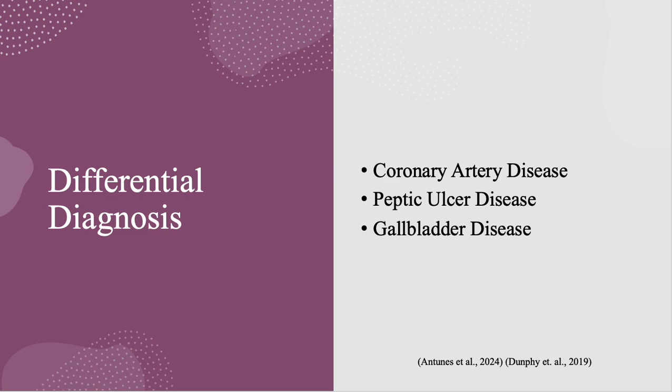As the provider, a few differential diagnoses to consider with GERD are if someone is presenting with chest pain, we want to do a cardiac workup to rule out any disease or condition of cardiac origin. Something that may give us a hint is if they present with pain that's associated with exercise and then relieved by rest and nitrates.